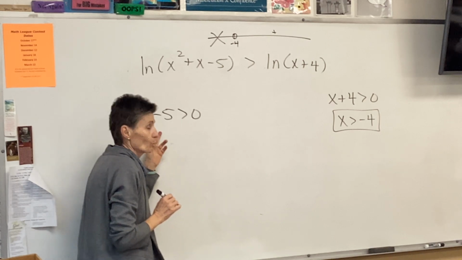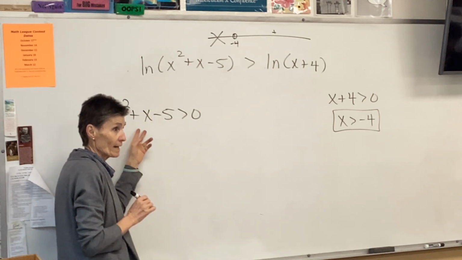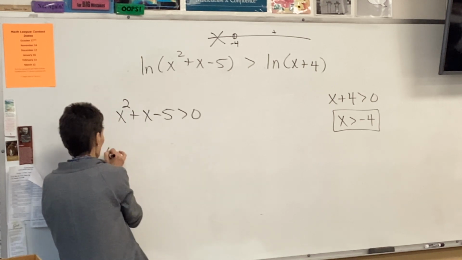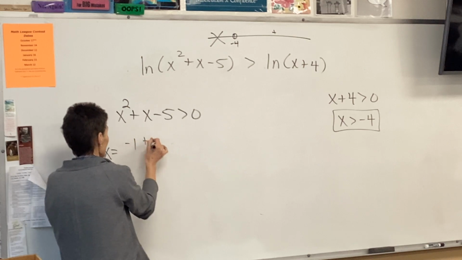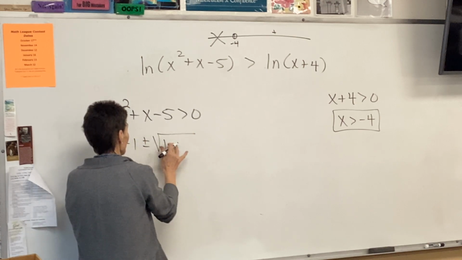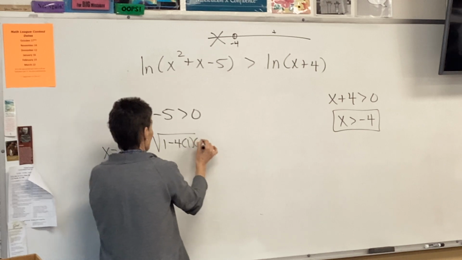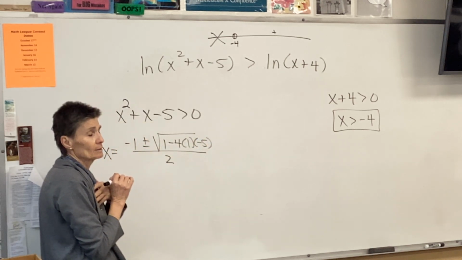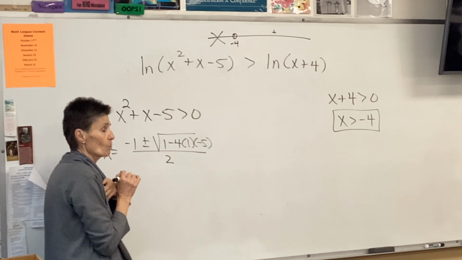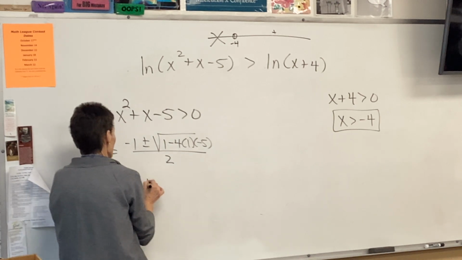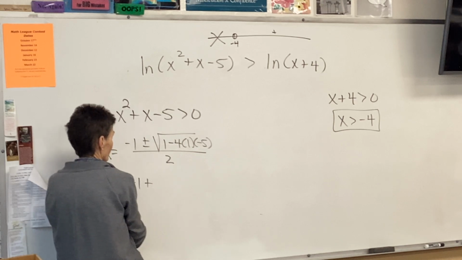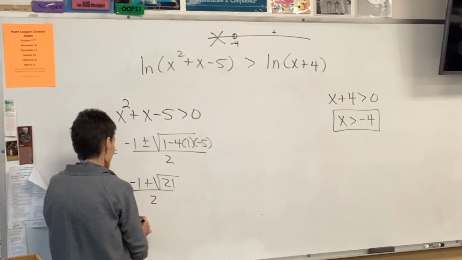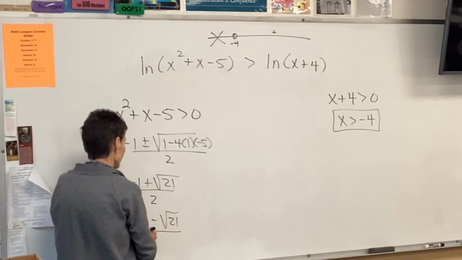All right, so let's check this one. This is a little quadratic and it doesn't factor. So I'm gonna quickly do the quadratic formula on it. Negative b plus or minus the square root of b squared minus 4ac all over 2a. So what are my two roots? Negative 1 plus root 21 and negative 1 minus root 21.